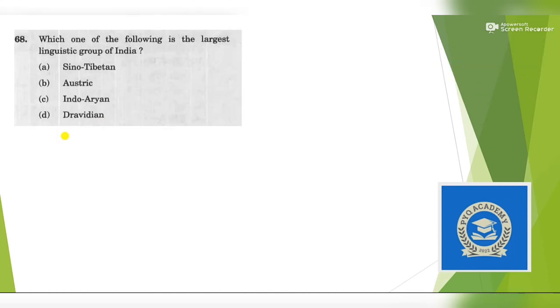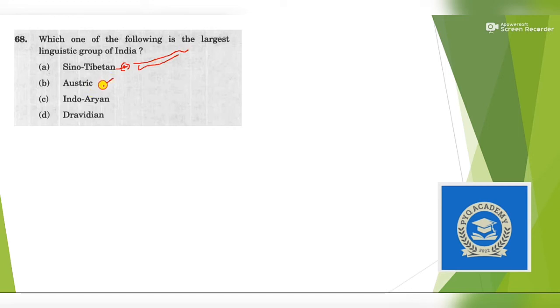Next question. Which one of the following is the largest linguistic group of India? Now try to find the answer by logic. Sino-Tibetan means languages in the areas bordering Tibet, so there are few states. Then Austric.